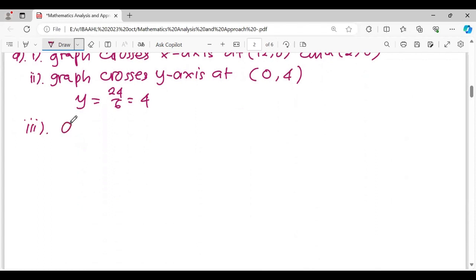All right. And the third, for the asymptotes, the vertical asymptote is x equals minus 3.